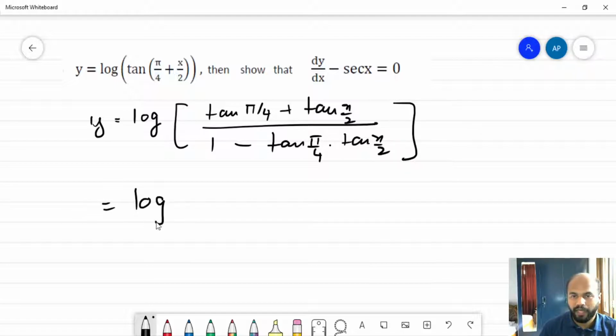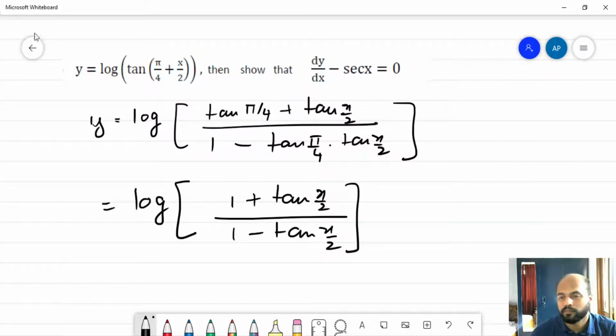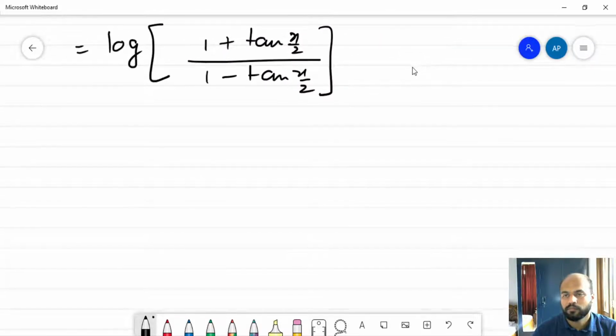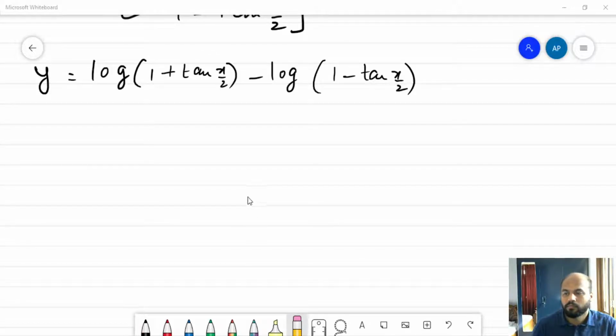So overall what we have is 1 plus tan x by 2 over 1 minus tan x by 2. So y we have achieved as log of this. Let's continue further. So here you can see that I have this kind of a setup.